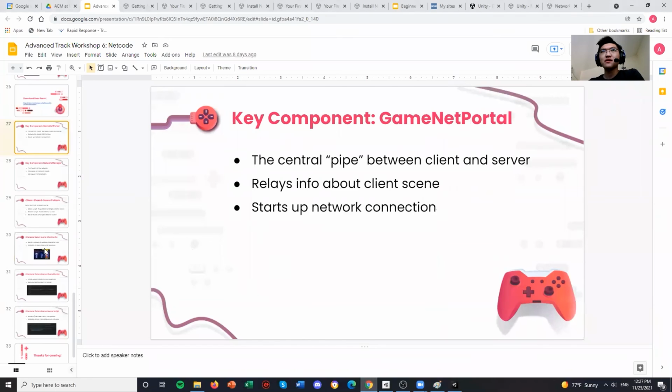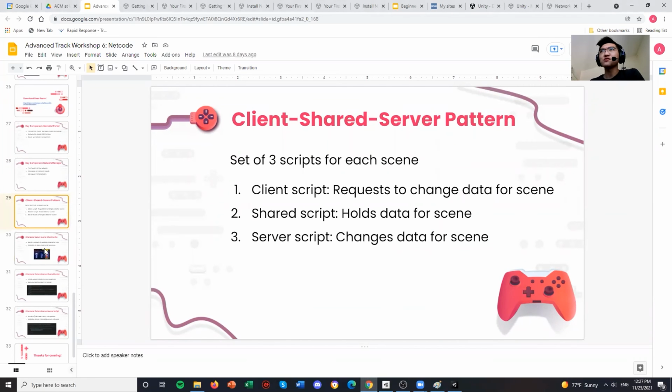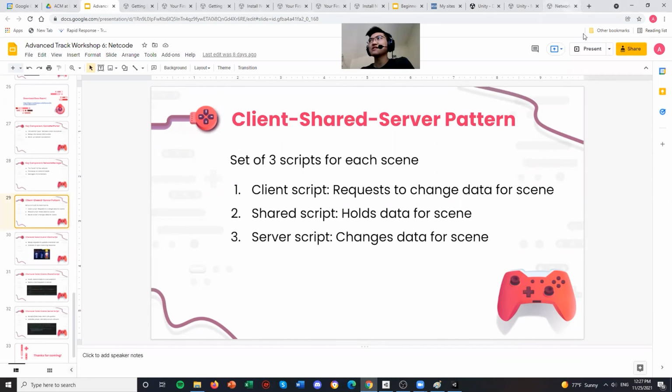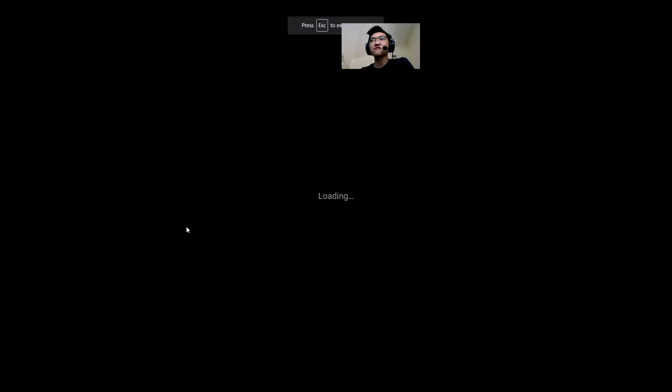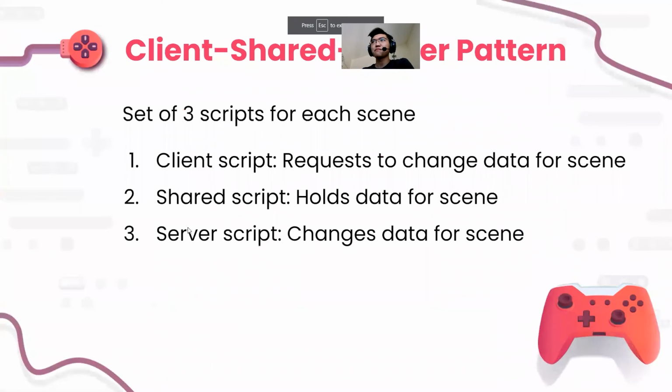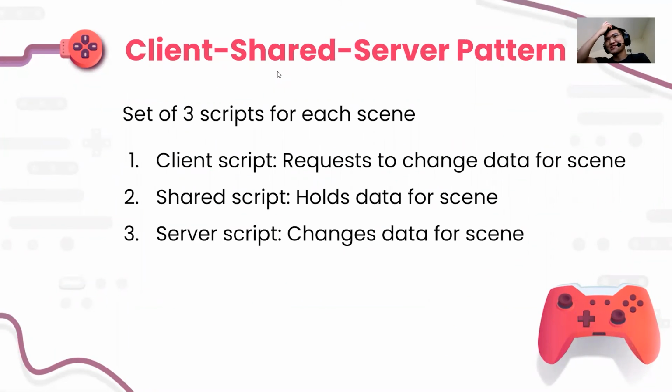Something you might have noticed, and probably one of the bigger features here, is this client shared server pattern. This is just what I ended up calling it, and once again, I'm not an expert in this, but it's something that I noticed in Boss Room, and it will probably show up in a lot of the other multiplayer games that you make.